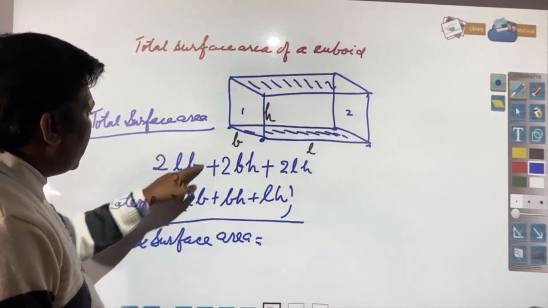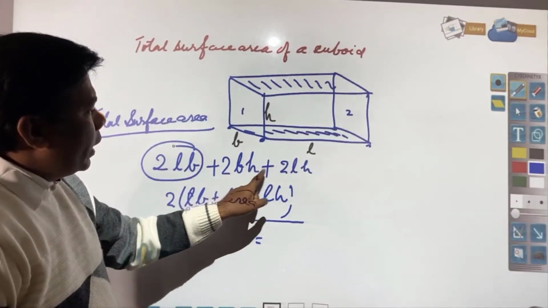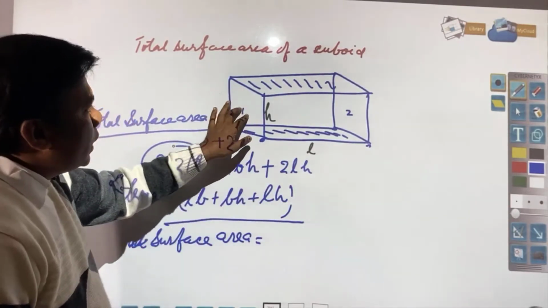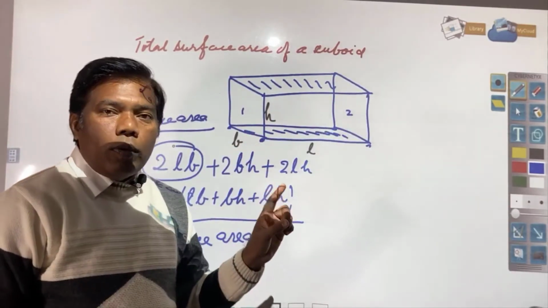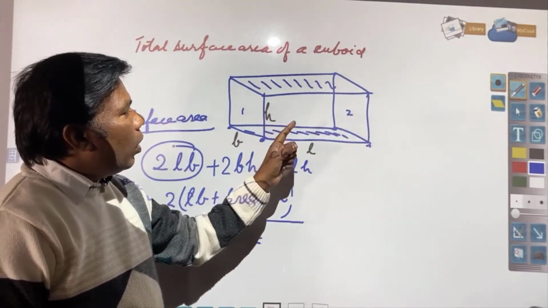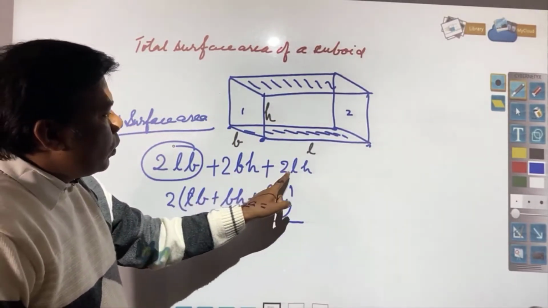If you leave this portion, then what will be left? 2BH plus 2LH. Means area of one pair of walls, and area of the other pair of walls. So that will be 2BH plus 2LH.